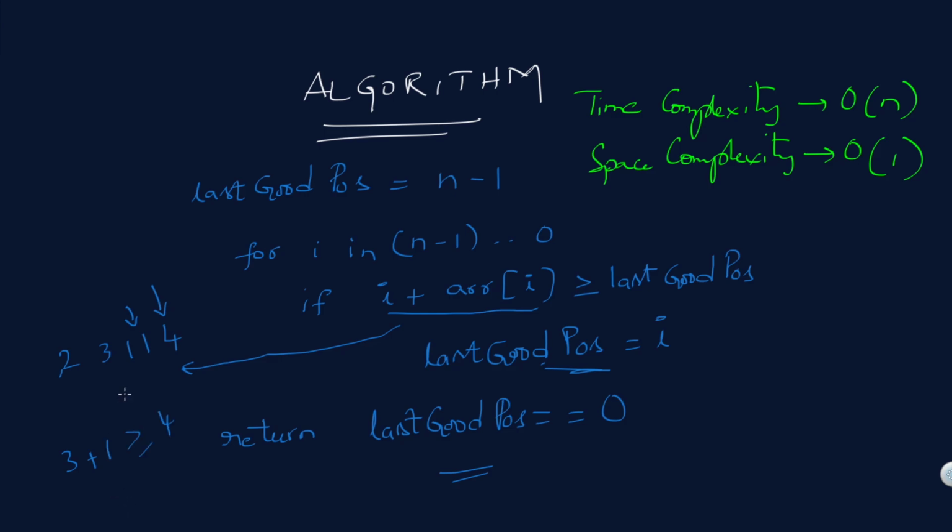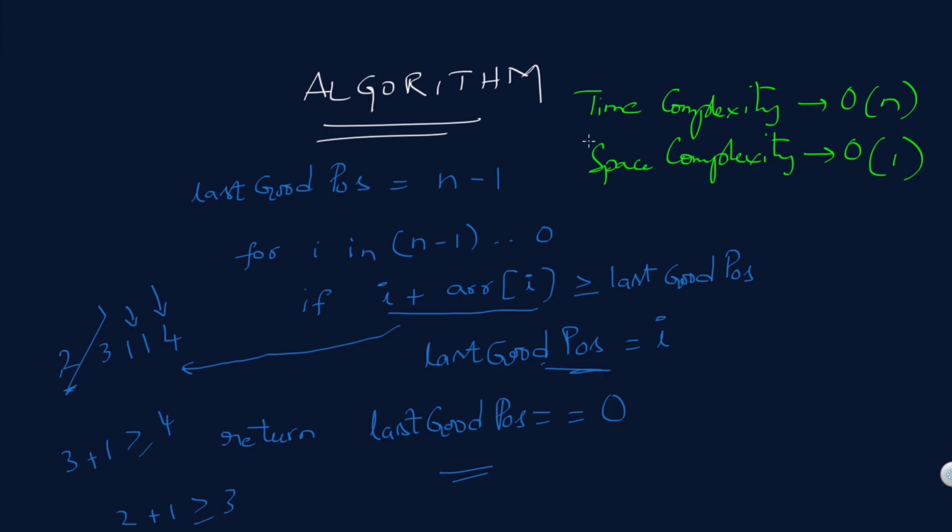Since it is true, now last good position will be 3. Again position 2 plus 1 is greater than or equal to 3. So it is true. Again the position will be updated. In this way we will be traversing until 0. So we will be returning whether last good position is equal to 0 or not.